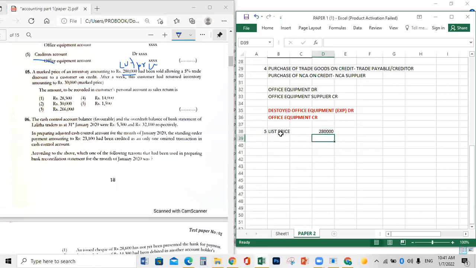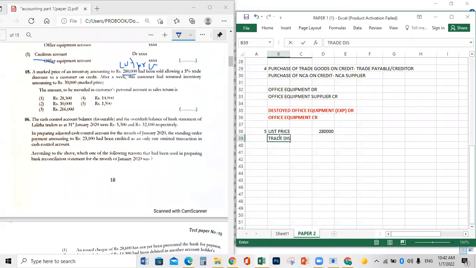And then they are telling us it has been sold after allowing a 5% trade discount. Guys, is there a double entry for trade discount in accounting? No, there is no double entry.